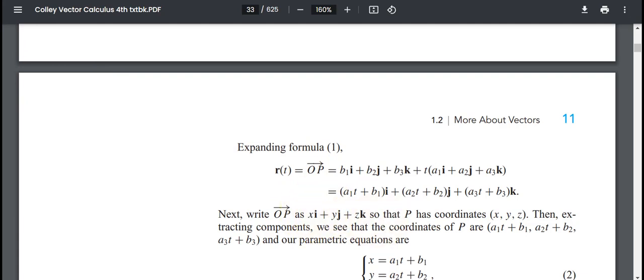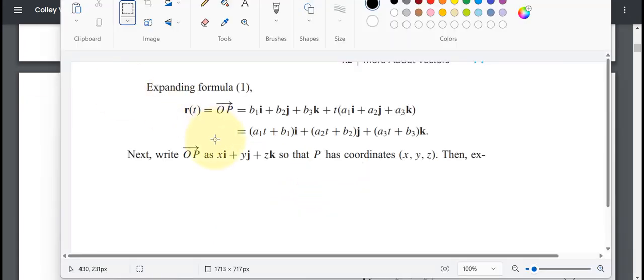We can take this, which is OP, copy it, and paste it here, because it's OP.